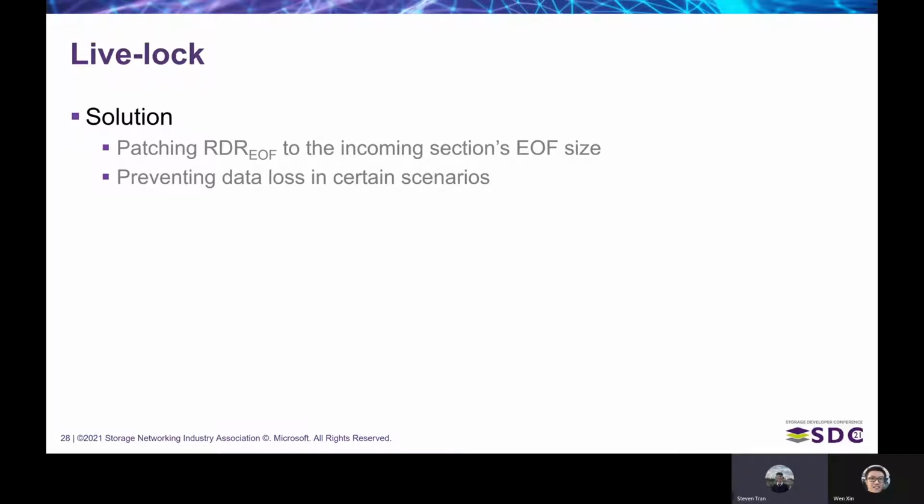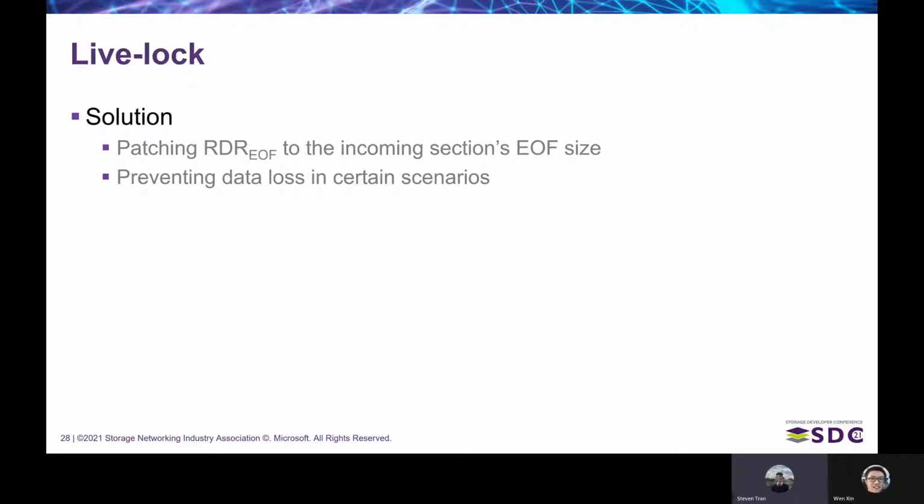A caveat of this particular solution is that we could face potential data loss scenarios. If we were to go back 2 slides, if we had filled up the entire view with dirty pages before creating the memory map section 2, patching the end of file would result in a data loss between the 147,456 byte range to the 196,608, and everything before that would not be lost.